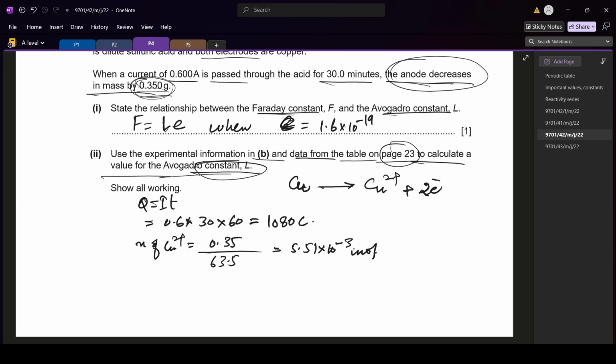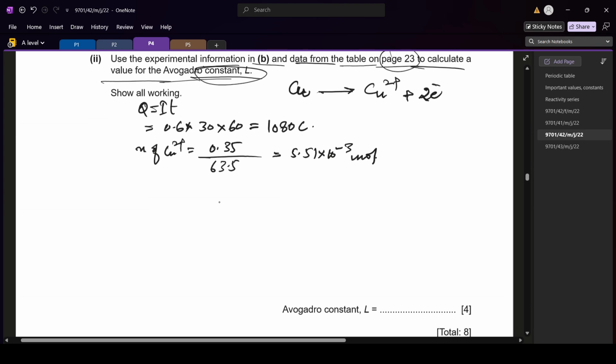Okay, so let's now make the ratio. If 5.51 into 10 to the power minus 3 moles have a charge of 1080, then what will be the charge on 1 mole of copper 2 plus ions?